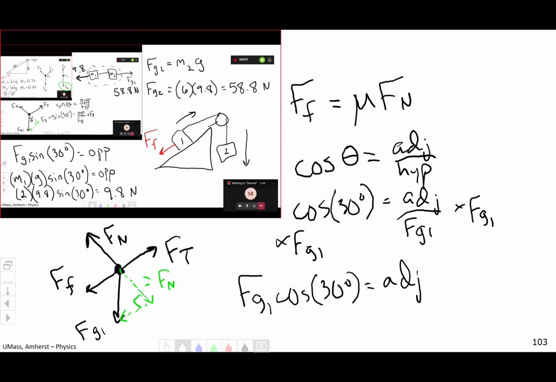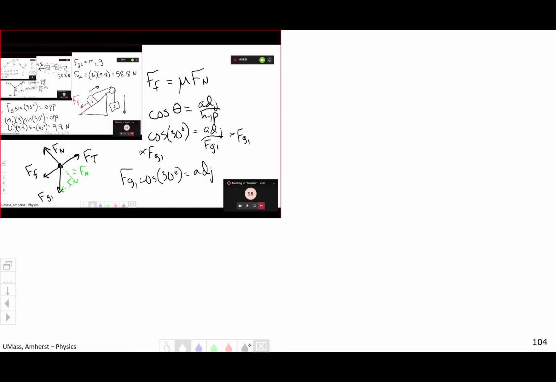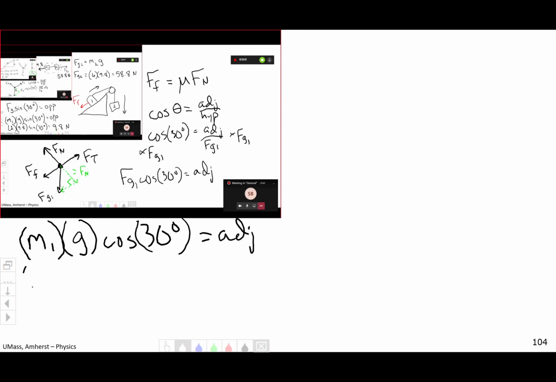That FG1, of course, is M1 times G, and then that's cosine of 30 degrees equals that adjacent side. So M1 being, what is that, 2 kilograms?